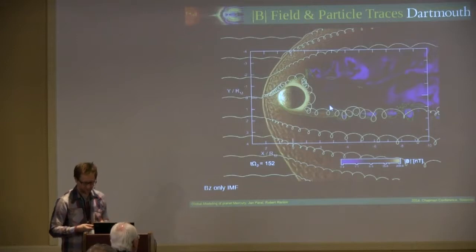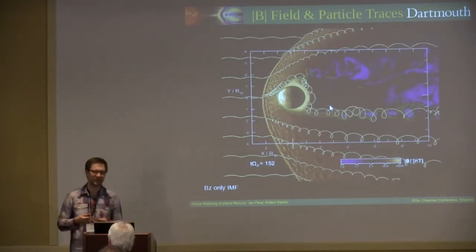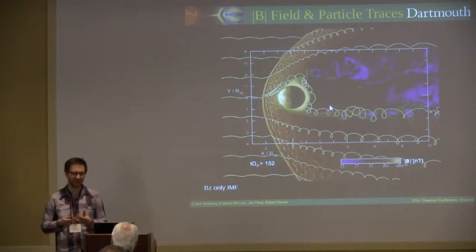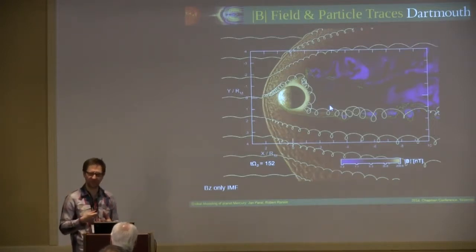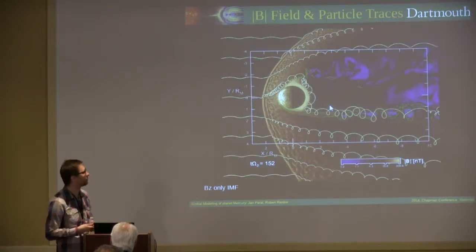And I think that's crucial in understanding the asymmetry at Mercury: the instability is in a slightly different regime than what we are used to. Most of the time, when people think about KH, they think about it as an MHD instability, but here the particles are sampling both sides of the shear layer, and the instability is in a slightly different regime.